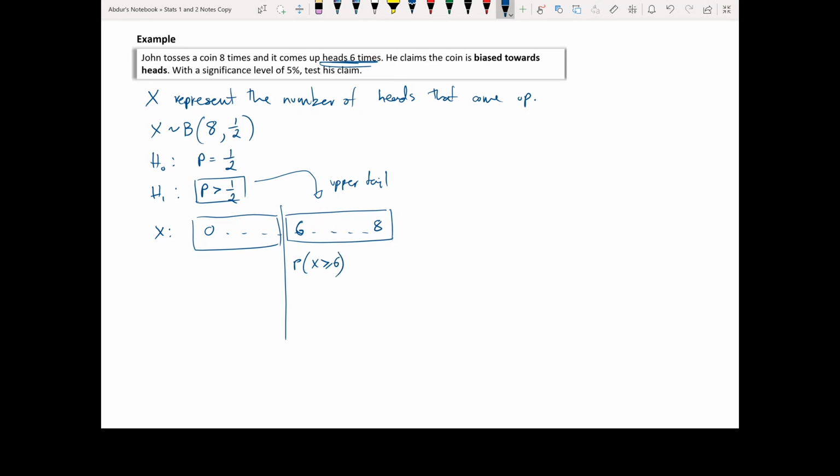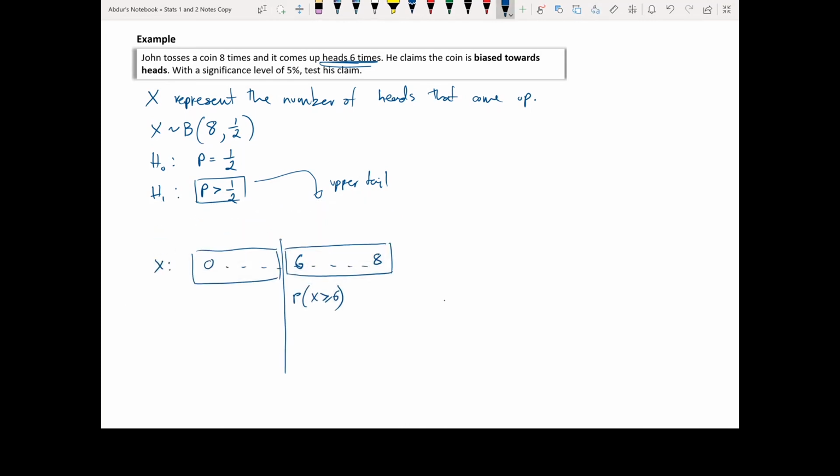Now, remember, our calculator has the function binomial CD, cumulative, so it goes from 0 up to and including a number. So the calculator always does the calculations on the left-hand side, the lower tail. And if we use our tables, the tables also use the left-hand side.